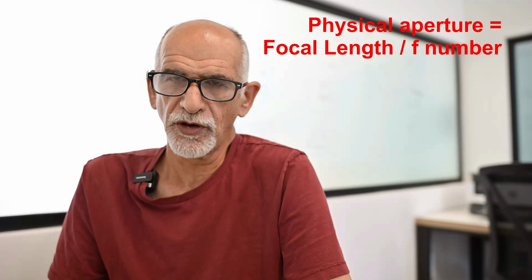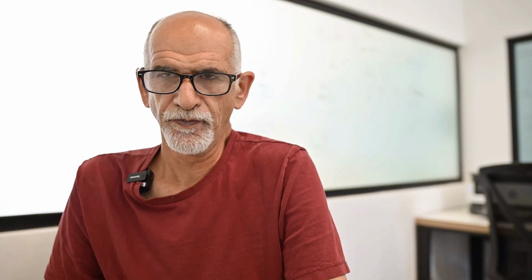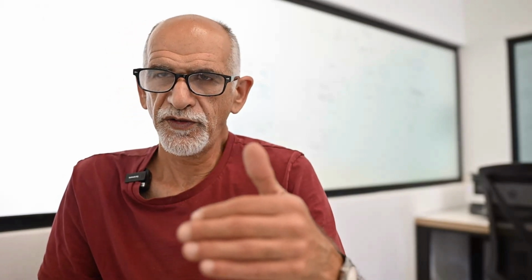Absolute aperture, or physical aperture, is calculated simply by dividing the focal length by the f number. A 50 millimeter lens shot at f5 will have a physical aperture of 10 millimeters, which is simply 50 divided by 5, and so on.